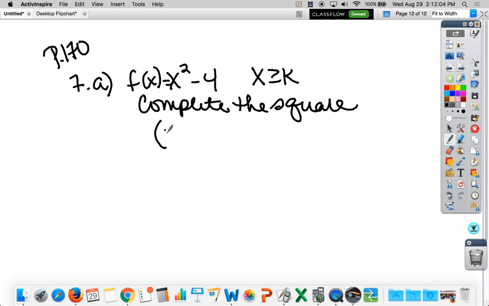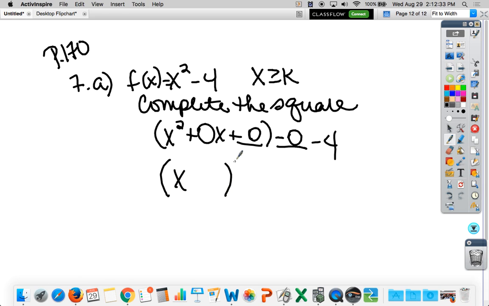So, let's start completing the square. Do I have any x's here? No. So I'm going to put 0x. Zero divided by 2, my b divided by 2, what's 0 divided by 2? Squared. What's going to go here?